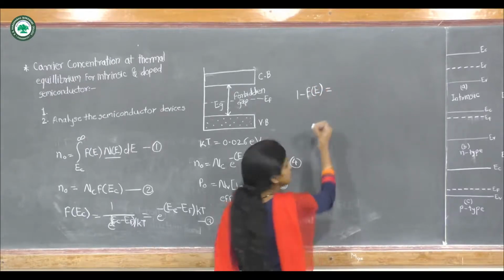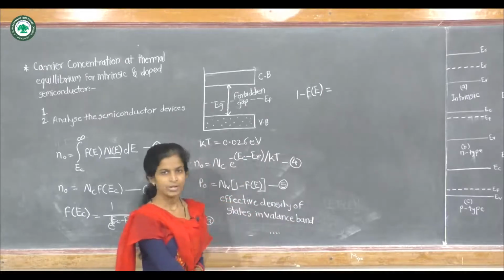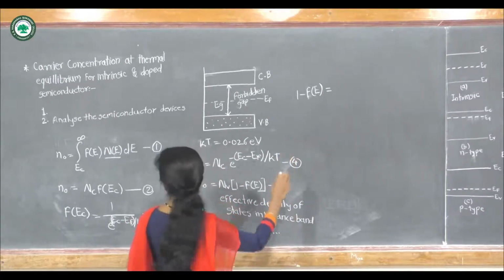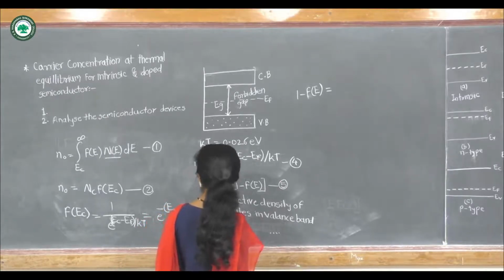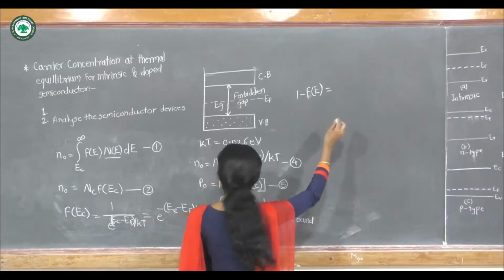So which is equal to 1 minus, as we know the Fermi distribution function is given by 1 upon 1 plus e raised to (Ec minus Ef) by kT.